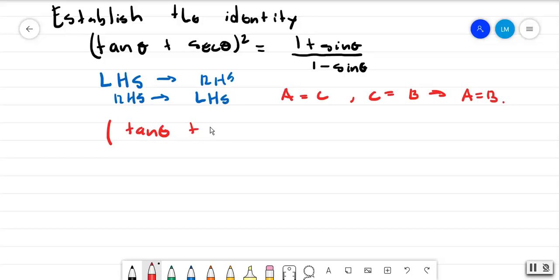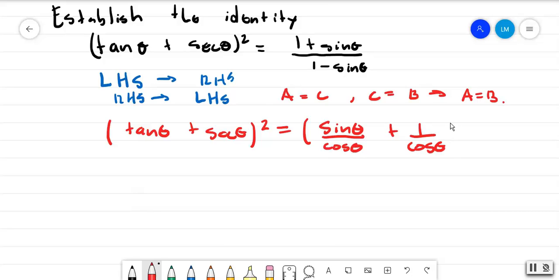I'm going to take the tangent of theta plus secant of theta to the second power, and I'm going to rewrite using the quotients. So I have sine theta divided by cosine theta plus 1 over cosine theta. All of that is to the second power. From here, I'm going to rewrite it as sine theta divided by cosine theta, and there should be a plus 1 there.